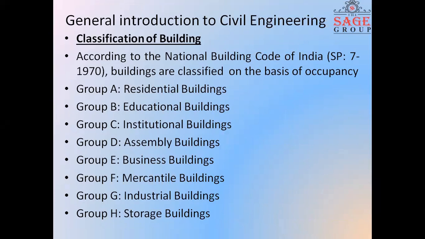According to the National Building Code of India, that is SP 7 1970, a handbook which is used to help find out the types of building on the basis of their occupancy, the National Building Code classifies buildings on the basis of their occupancy, such as residential building, educational building, institutional building, assembly building, business building, mercantile building, industrial building, and storage building.